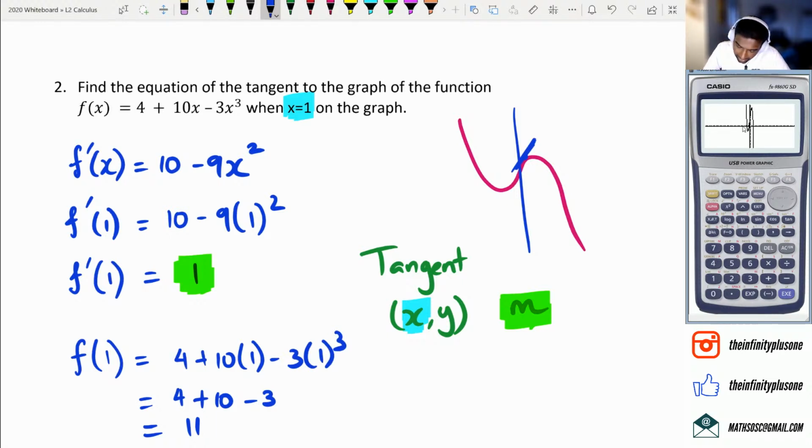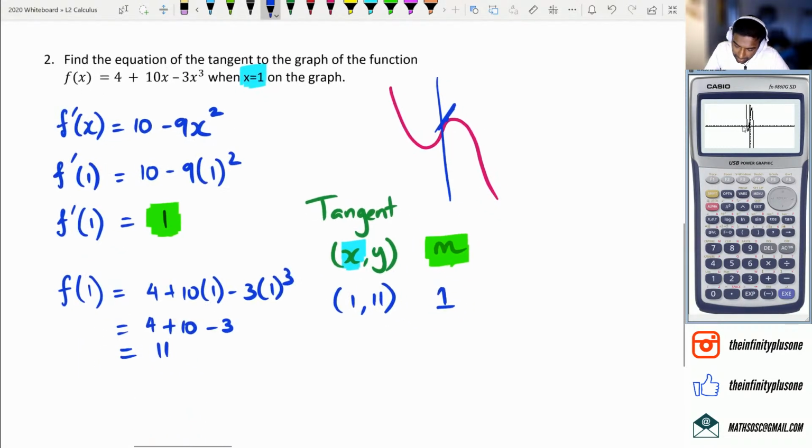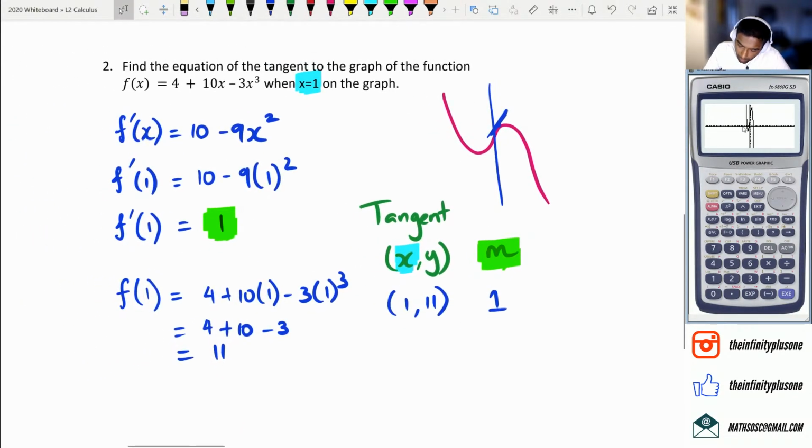So the point that you're going to have to deal with is (1, 11), and the gradient also happens to be 1. So at this point, we're going to put this into the equation of a straight line. If you've forgotten, it is given to you in the formula sheet, which is this right here.